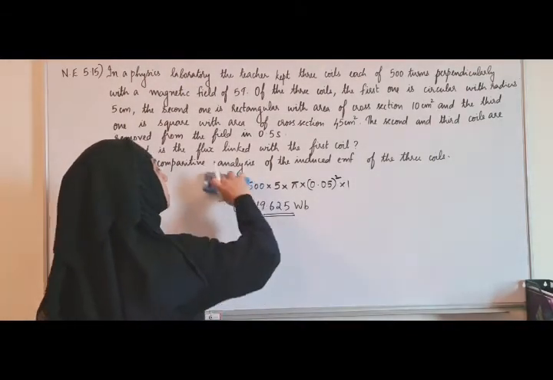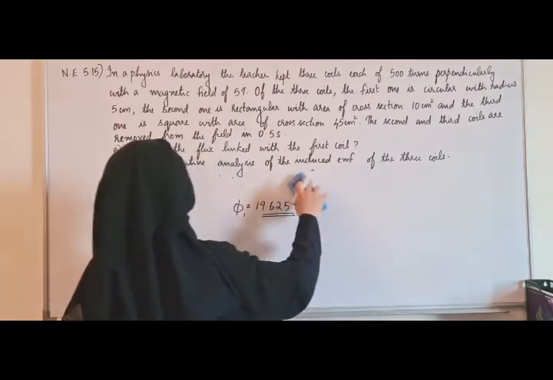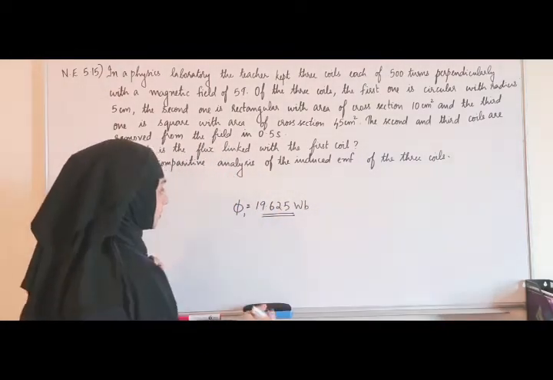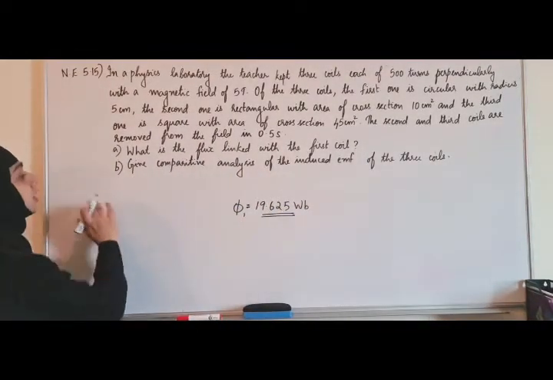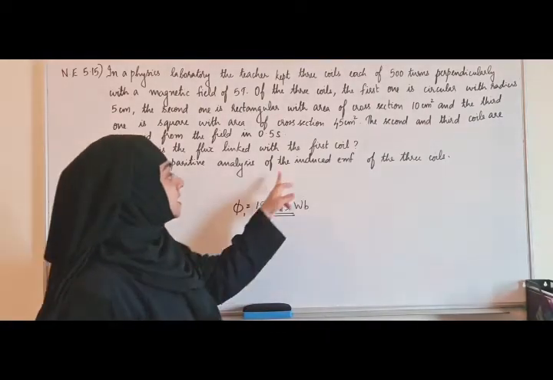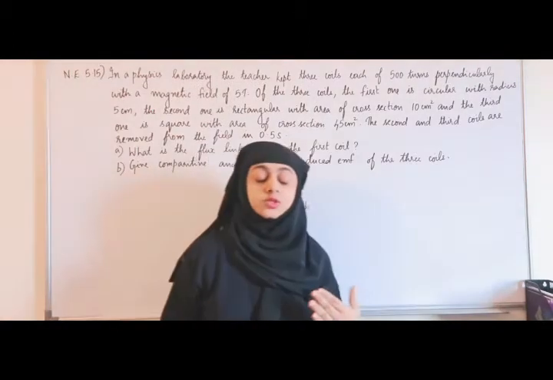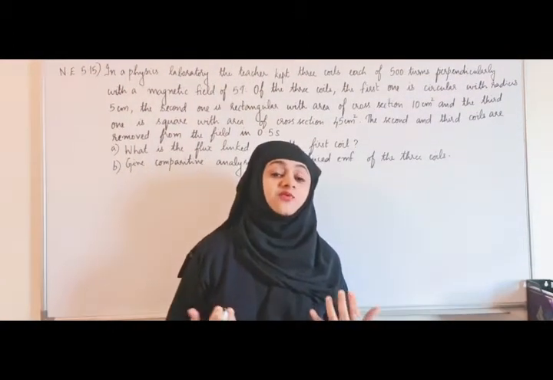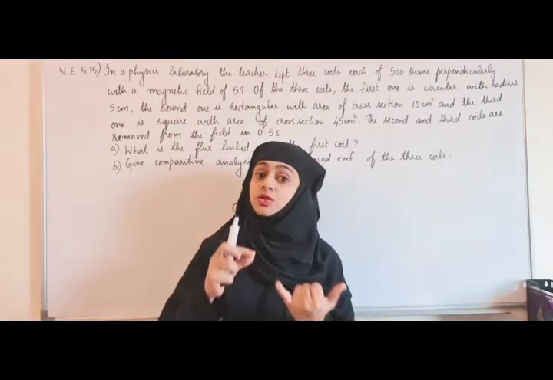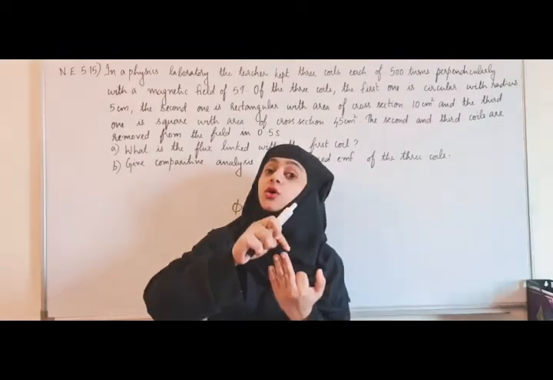If we require that, we will use it, otherwise I will rub it. Here we have to compare the induced EMF of 3 coils. So, what we will do? We will find the EMF induced in coil 1, coil 2 and coil 3.